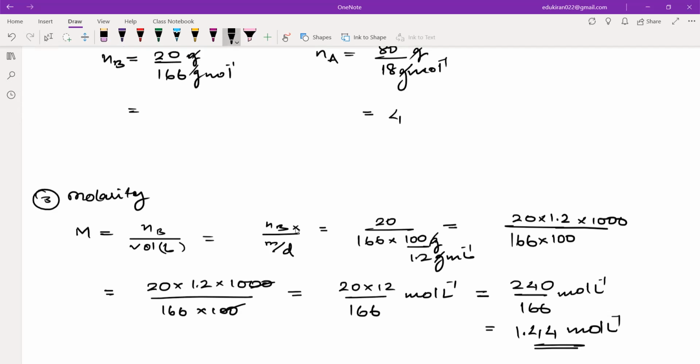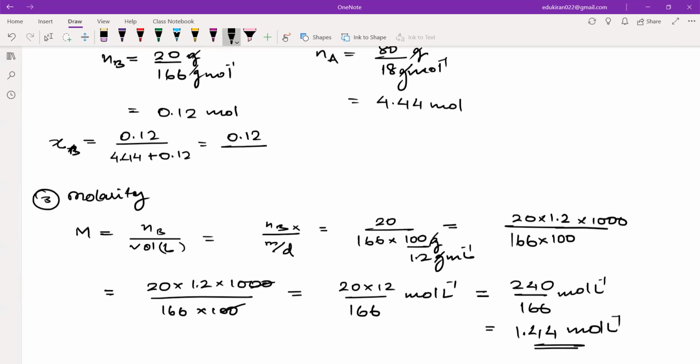This will be equal to 4.44. Chi B will be equal to 0.12 divided by 4.44, plus 0.12.